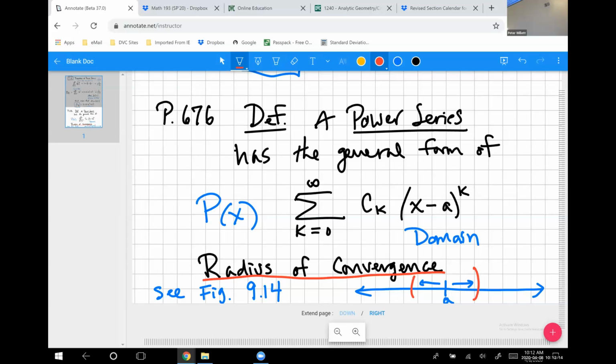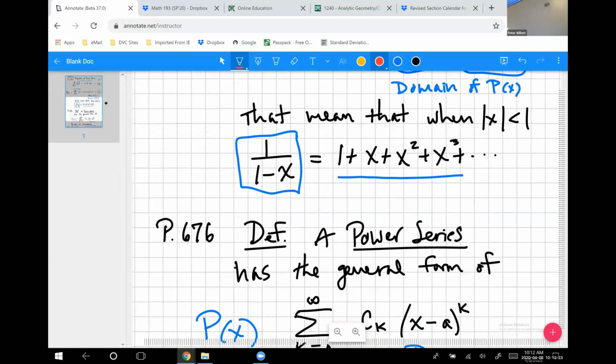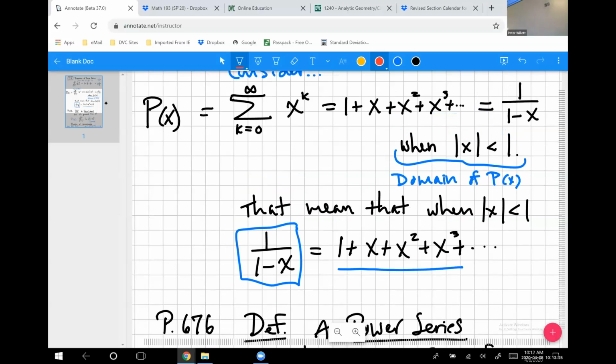Let's look up here, just because we just did an example. In the example that we did up here, the domain of P of x was all values of x less than 1.